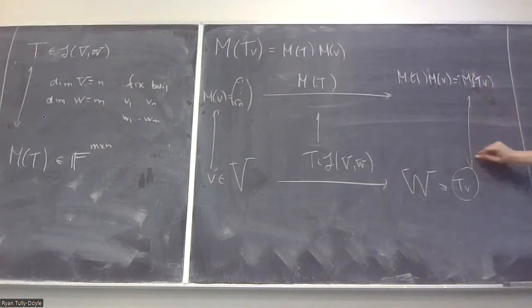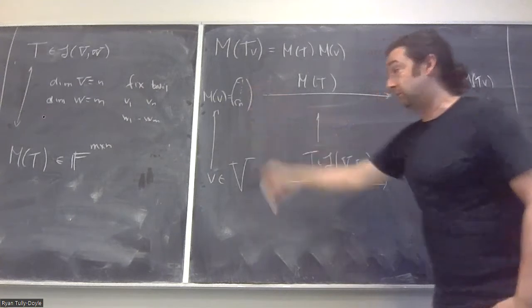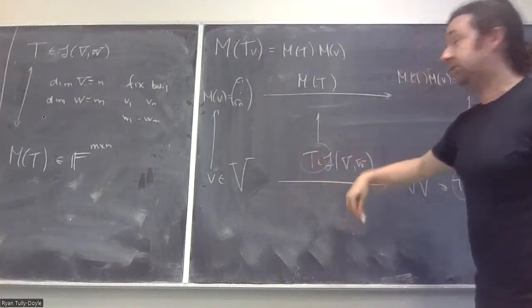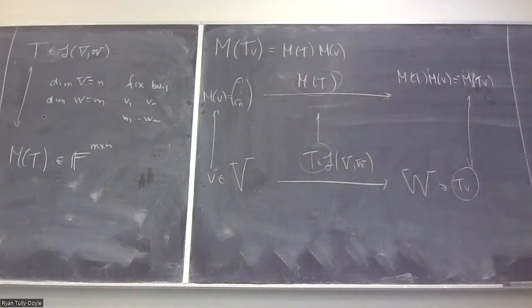So these correspond. This is the picture we've built: a way of moving back and forth between vector spaces and the column vectors that represent them, and any linear map acting on a vector space can be thought of as matrix multiplication up here. I think this is the question you're after.